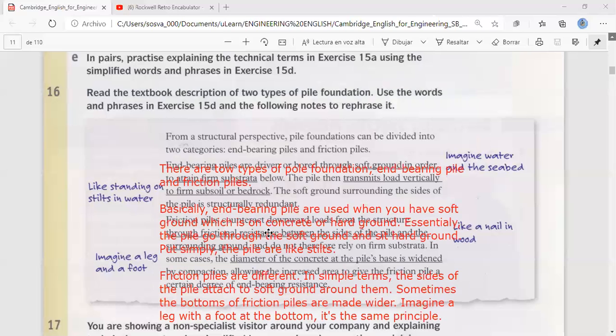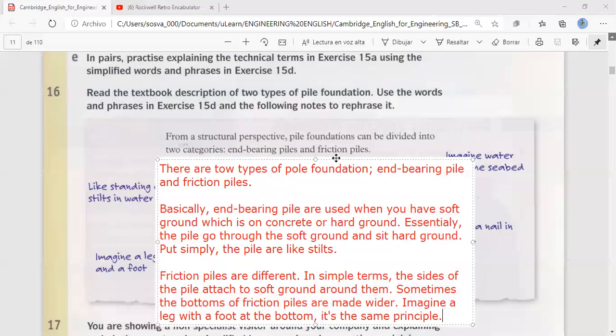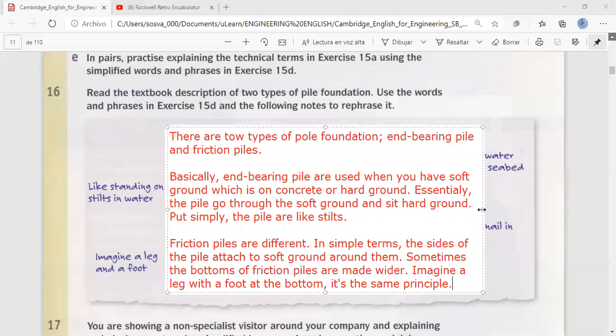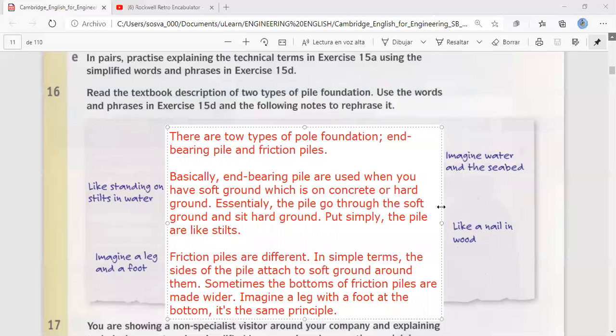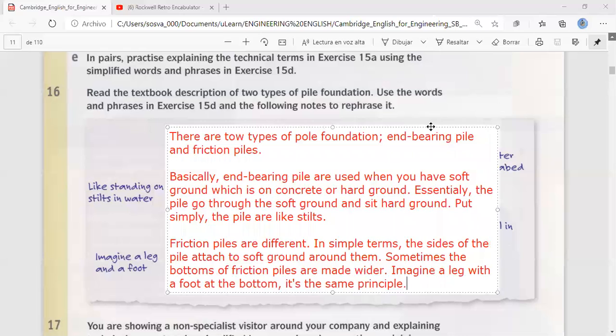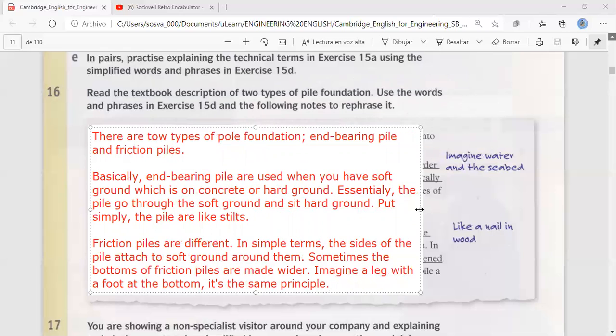I don't know if you finished writing this. We can write it like this. Tell me when I can erase it. Just finish writing it.